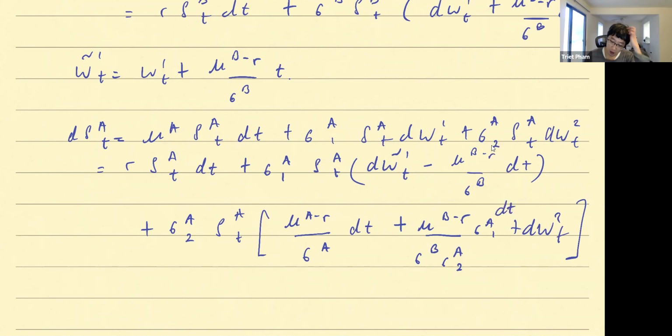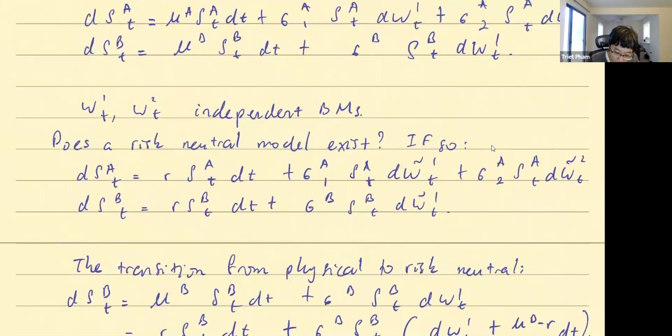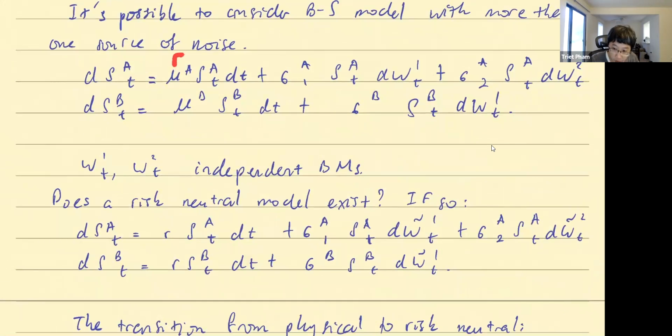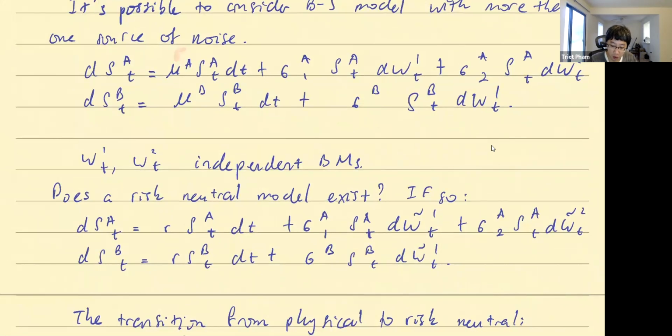So the basic thing is exactly that you want to have a risk rate of return R. So in that sense, the whole Brownian motion takes on whatever factor is sort of like the Sharpe ratio for you.